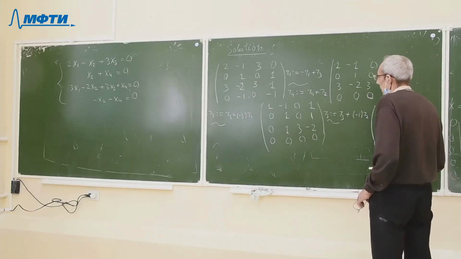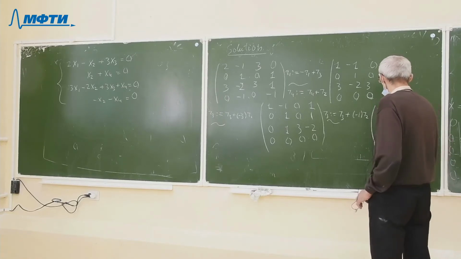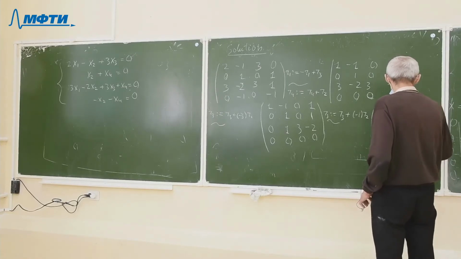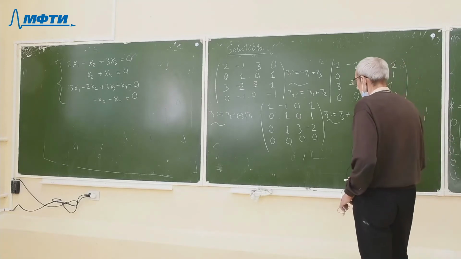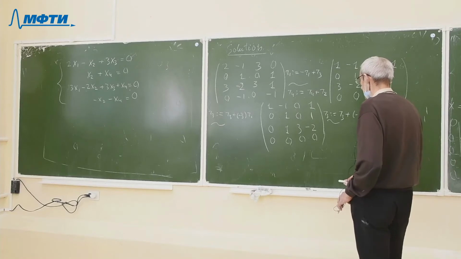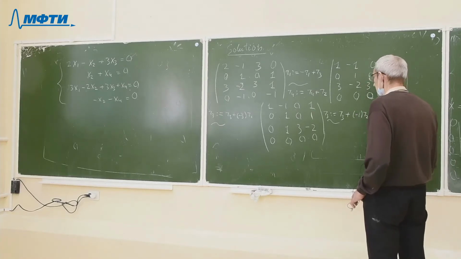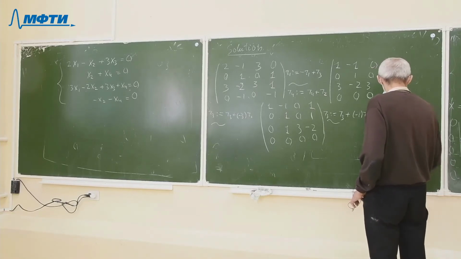We rewrite the first row, second row, and the last row is equal to 0, 0, 3, minus 3.